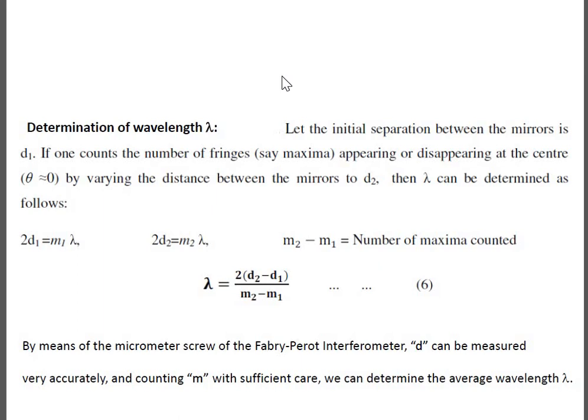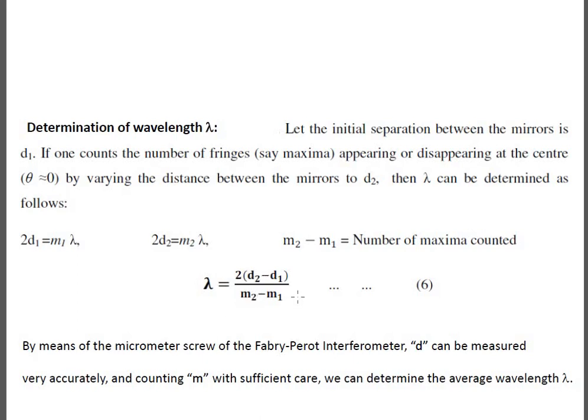Then we vary the distance between the mirrors to D2, and from D1 to D2 I have measured a large number of fringes. From here we get these two relations. This is the initial separation, this is the later separation, and they are all multiples of lambda. From these two relations, I can get the value of lambda.